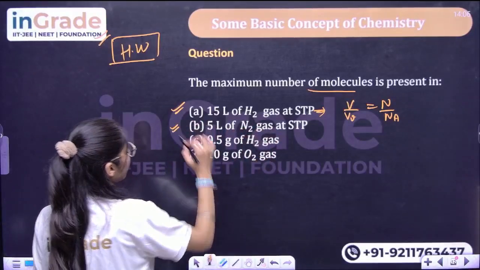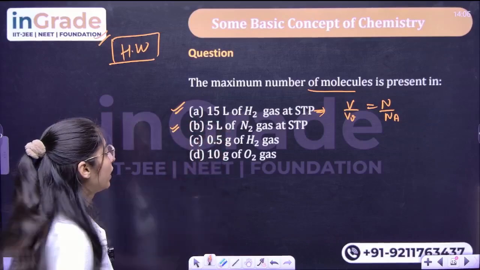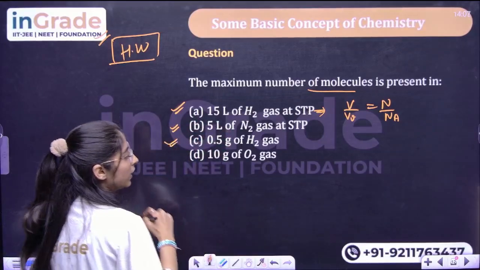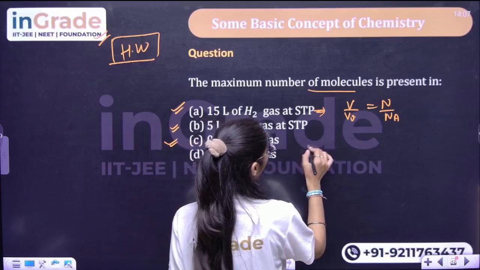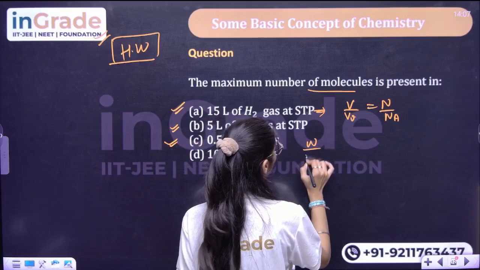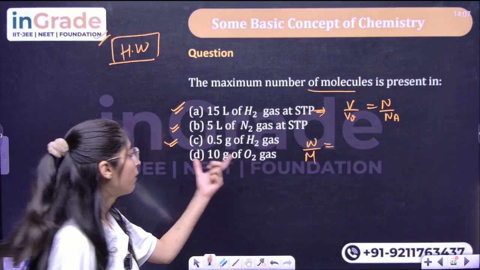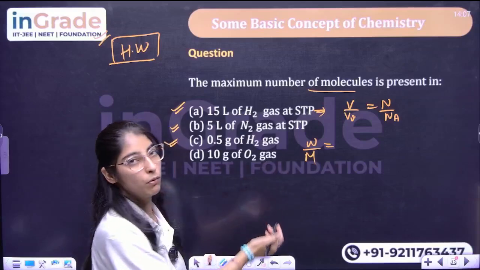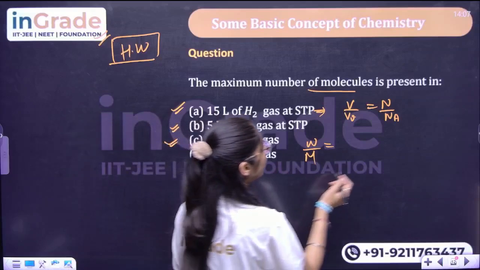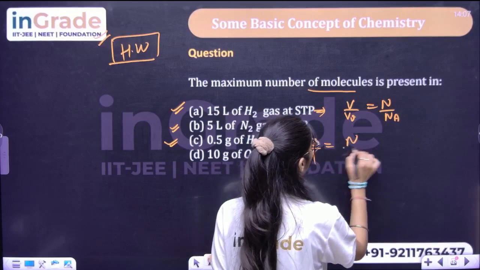The same formula applies for option B. Now for option C, it says gram, which simply means W by M, where W represents the given mass, that is 0.5 gram, and we all know that the molar mass is equal to 2. So this will be equal to N by Na.